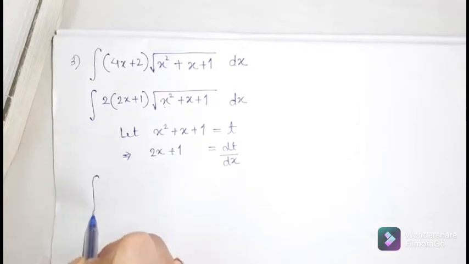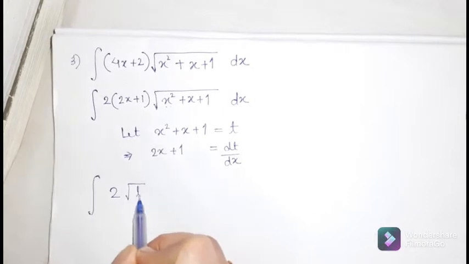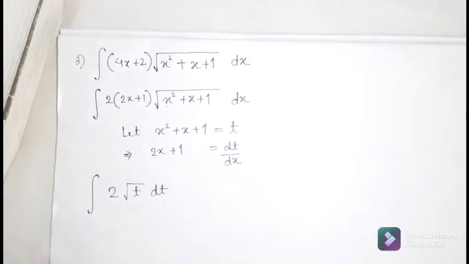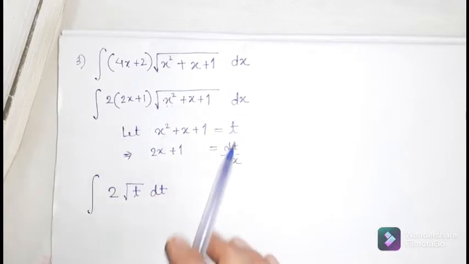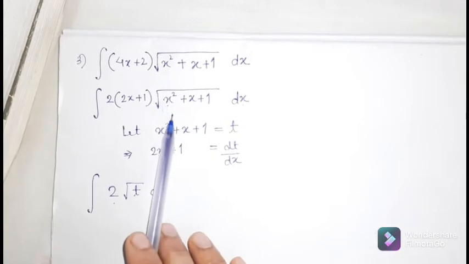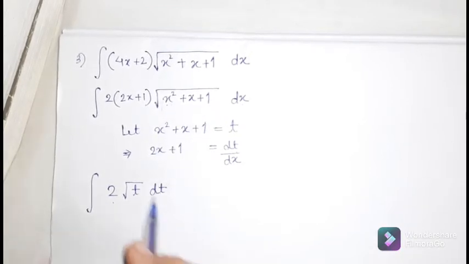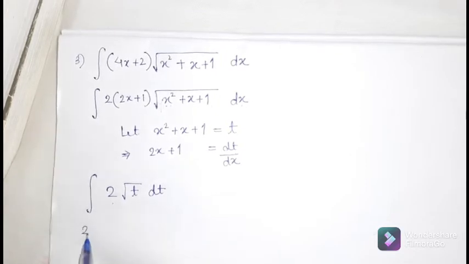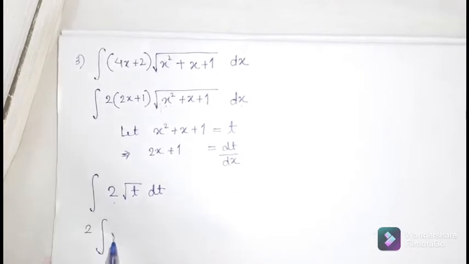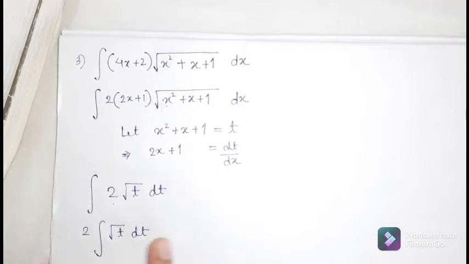Now your question becomes 2 times 1 over square root of t dt, right? Because in place of 2x plus 1 dx we write dt. 2 will remain as it is, and square root of t, because we have taken x square plus x plus 1 equals to t. Now take 2 outside, this is a constant, integral of t to the power minus 1 by 2 dt. Now this is simple, x to the power n.